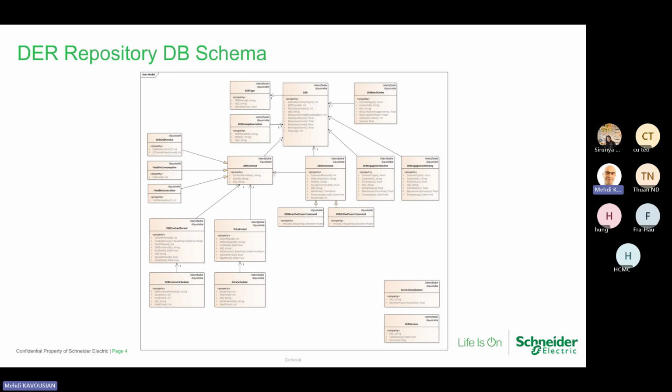It has some attributes, for example, maximum export limit, maximum import limit. These are the basic elements. And then the type, which is a number, like 1, 2, 3, 4. You can define what 1 is, what 2 is, what 3 is. And then you have a relationship with the contract.